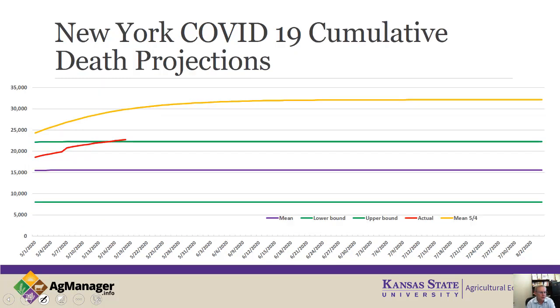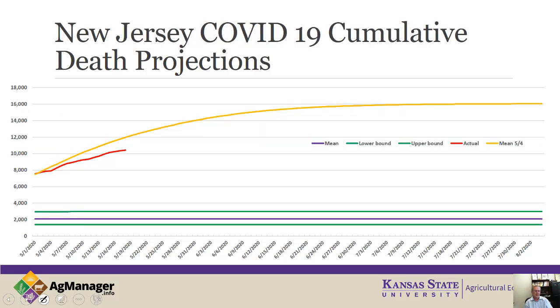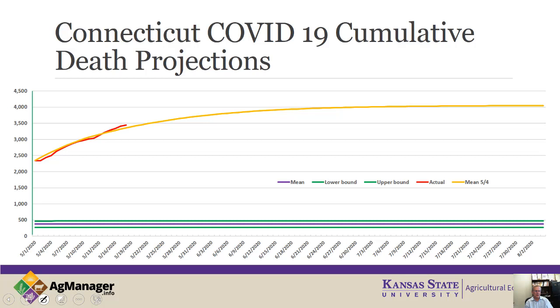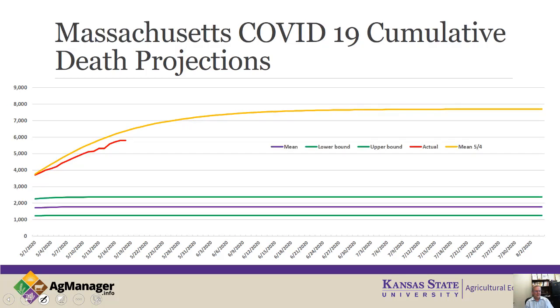From now on, I'm just going to look at these from a regional perspective. New York is quite a bit less than the most recent projection, that orange line. New Jersey is quite a bit less than the May 4th forecast. Connecticut is pretty close to that line, but again, you can see just how much above they were from those original predictions.